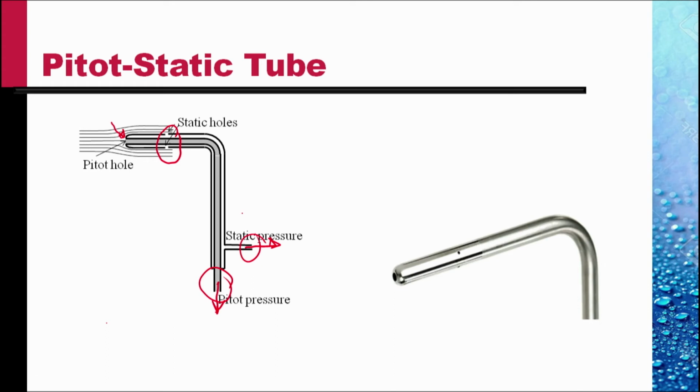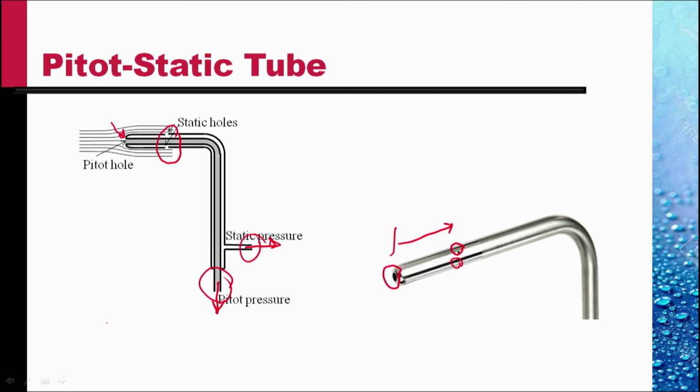This is what a commercial pitot-static tube looks like. The pitot hole is right in front, and the static holes, a number of holes, are about 10 diameters behind the tip of the tube.